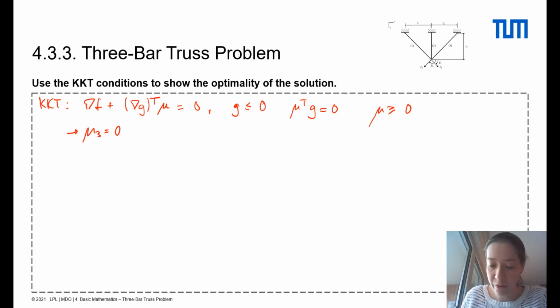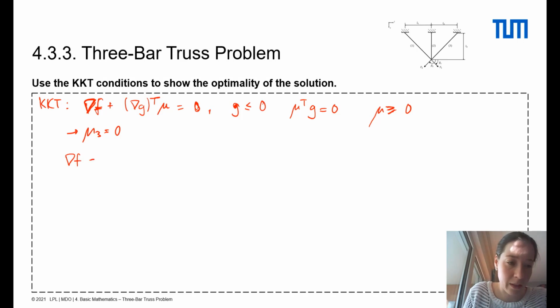And now the only thing we have to show is that mu at A star is bigger or equal to 0. We've also shown in the last task that g1 and g2 were 0 and g3 was smaller than 0. So we're good there. And to show that our mu's are larger than 0, we use this first equation, that the gradient of the Lagrange function has to be 0 at A star.